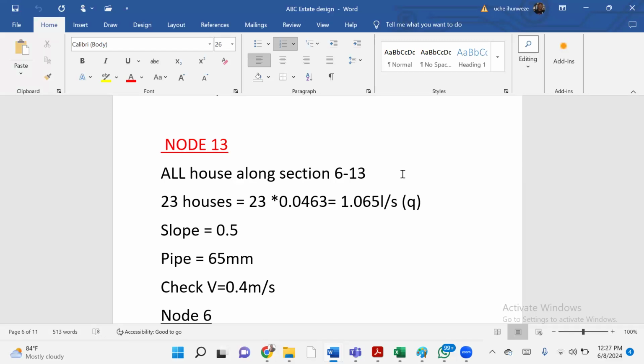Assume a slope. Listen to this now. The slope now is 0.1%. For our new assignment, assume a slope of 0.1%.